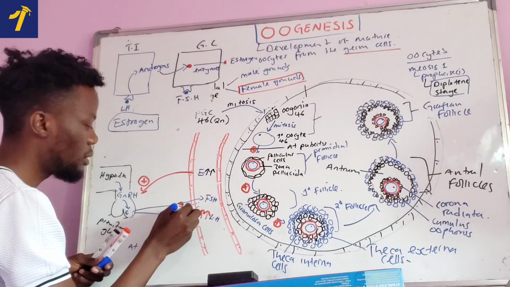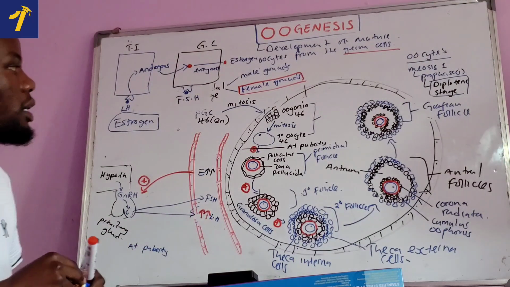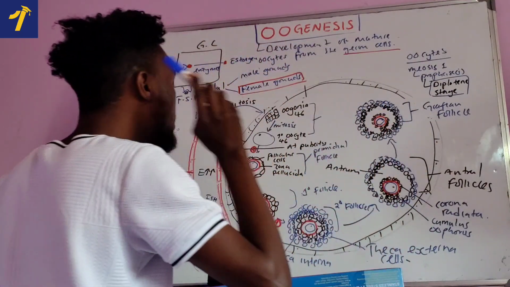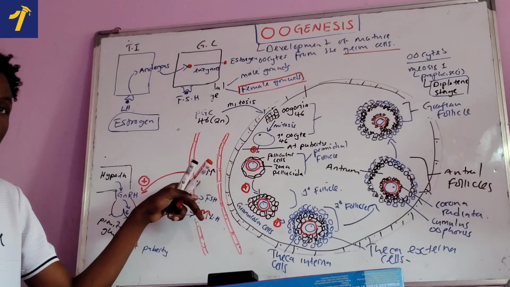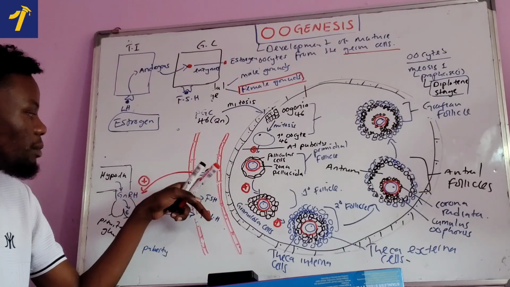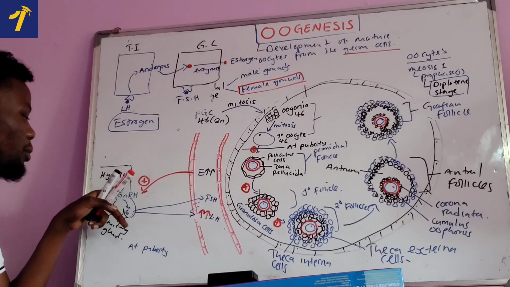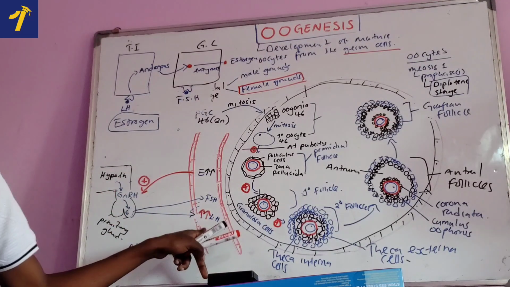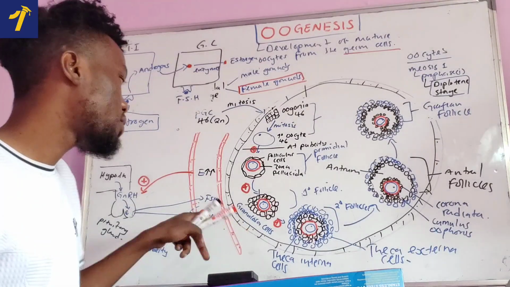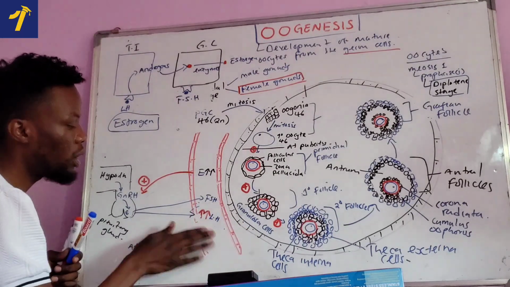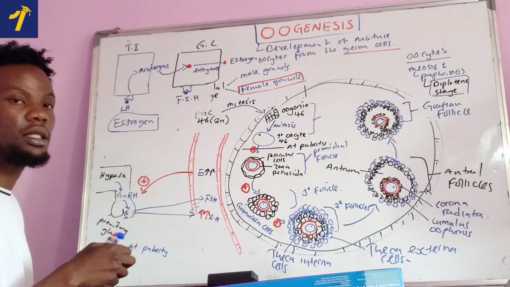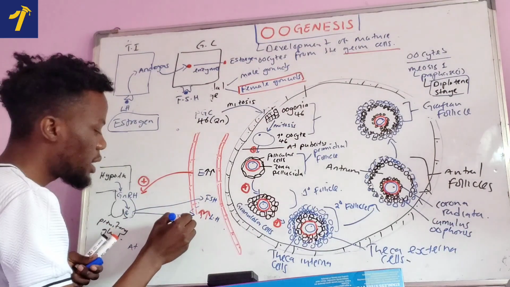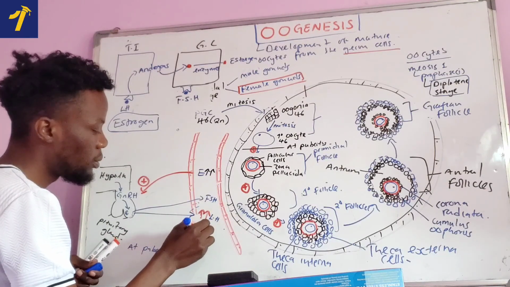Okay, again, what is happening here? The Graafian follicle, since it has matured enough, produces a massive amount of estrogen in blood, and this massive amount of estrogen goes to the hypothalamus or the pituitary gland to start producing a lot of luteinizing hormone. A lot of luteinizing hormone, what do we call that? We call it the luteinizing hormone surge.